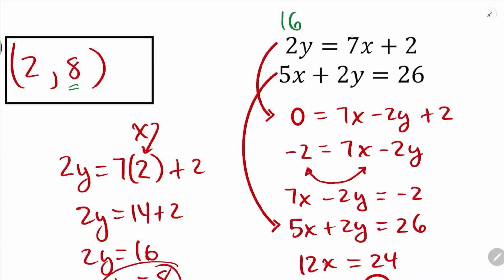And over here it's 7 times 2, which is 14, plus 2. And absolutely that's 16, right? 16 is 16, that checks. And then the second equation says twice x, which would be 10, plus twice y, which would be 16. And that should give me 26. And yeah, 10 plus 16 is 26. So that clearly checks also. So I have the solution.